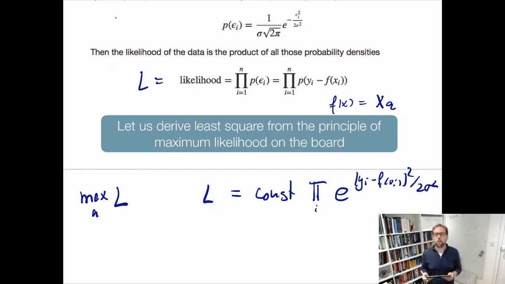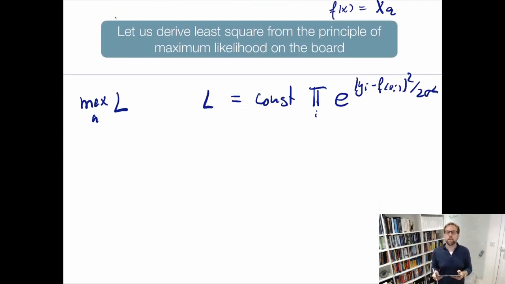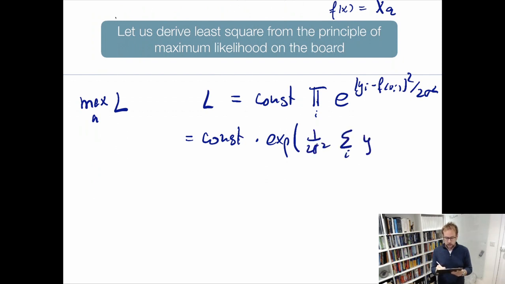So this is what I want to maximize, but I also know that the product of an exponential is just the exponential of the sum. This is a very simple relationship. So I have that this is equal to some constant, times the exponential of 1 over 2 sigma squared, and the sum over i of yi minus f of xi.